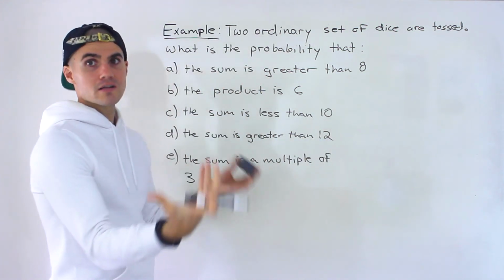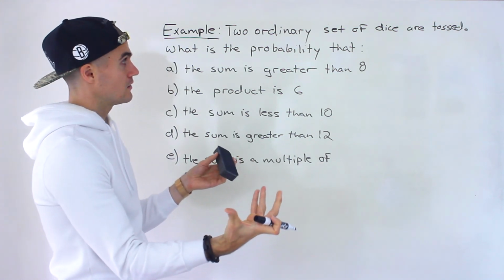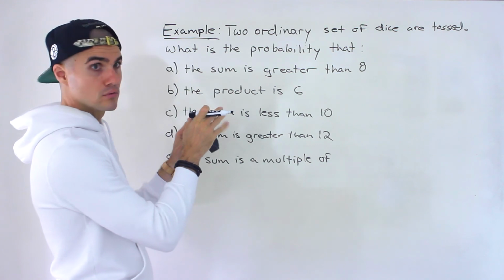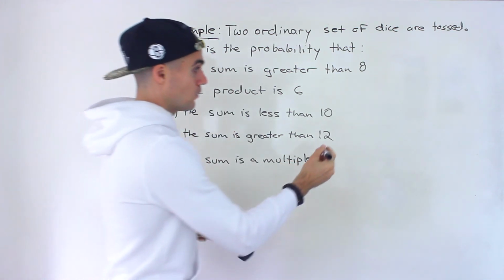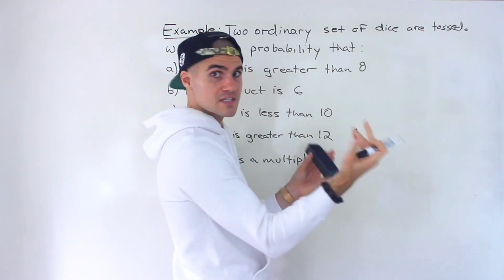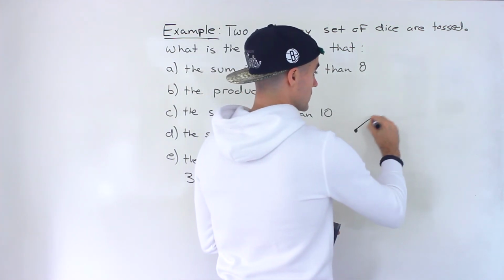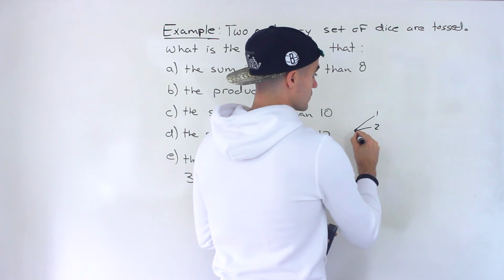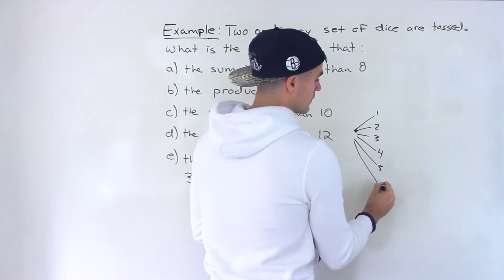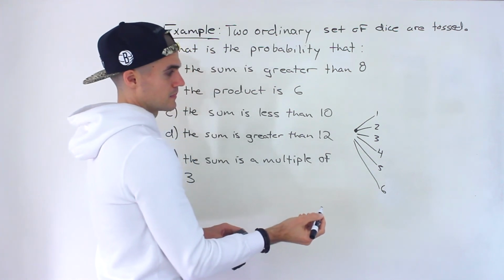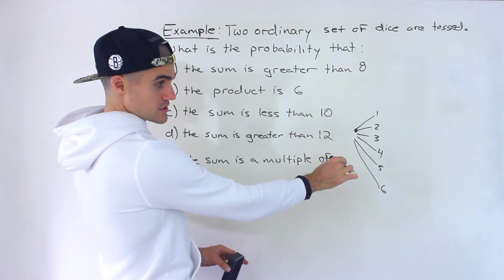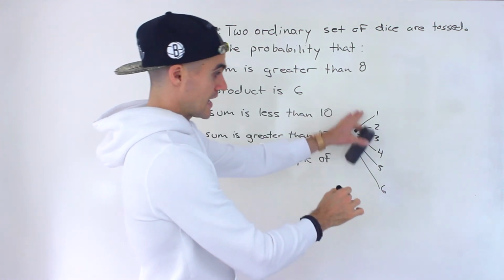So before getting into these specific scenarios, how many total possibilities are there when you throw two dice? Well, the first dice can take one of six values, right? So it could be 1, 2, 3, 4, 5, 6. You could represent this with a tree diagram. That's the first dice.